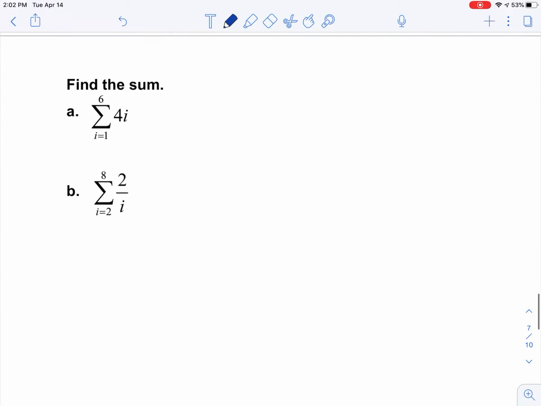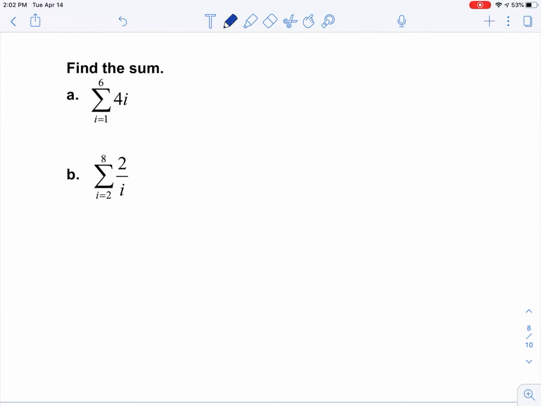Okay, we have a couple more slides. On this one, we're going to find the sum. So I'm going to start off with, I know that there's going to be 6 terms. So 1, 2, 3, 4, 5, 6. And I'm going to start by putting 1 in here.